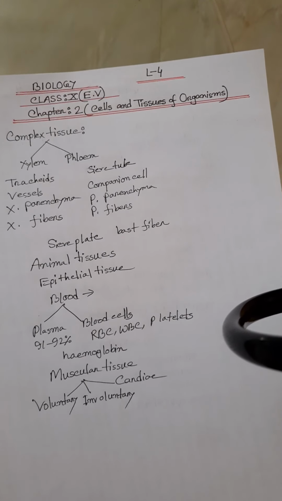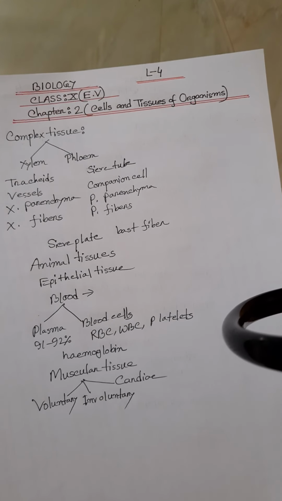Clear? Voluntary means this can be contracted or expanded at the will of the animal. The cells of the voluntary muscle tissue are tubular, unbranched and have transverse striation. Your hands and legs, as human beings, are voluntary muscles.